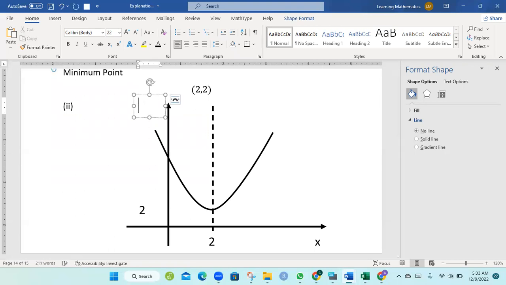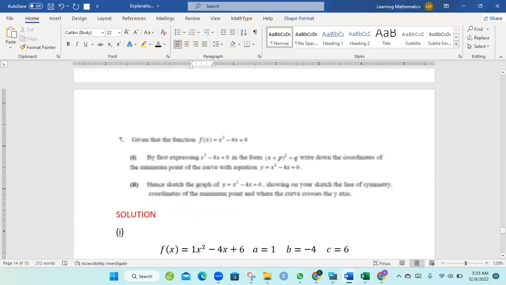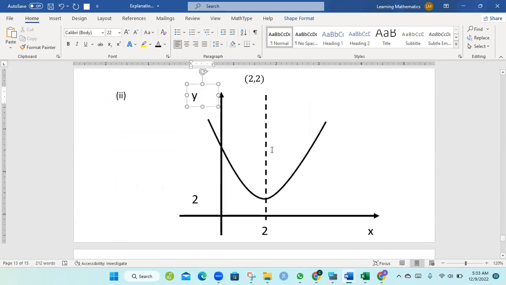And the y intercept will be the value of c. So the y intercept will be positive 6. So that's 2 here. So the y intercept will be 6 right there.